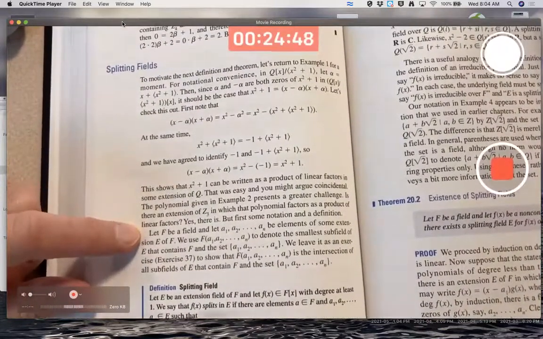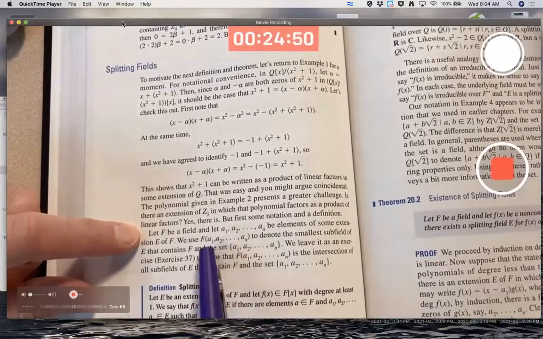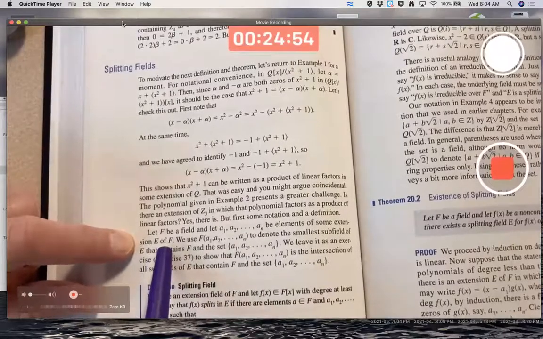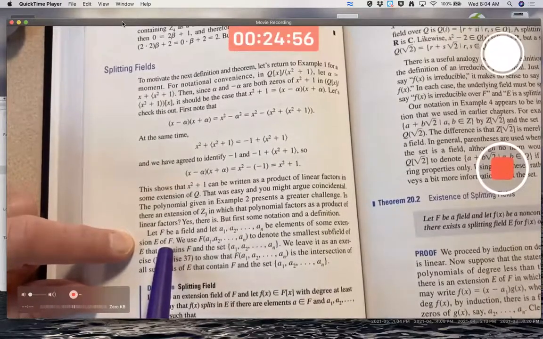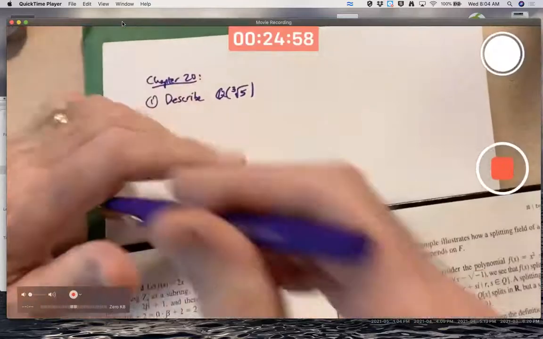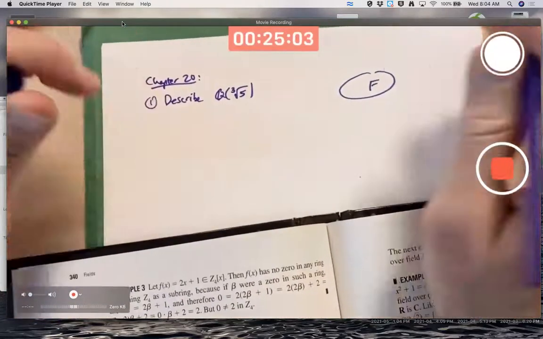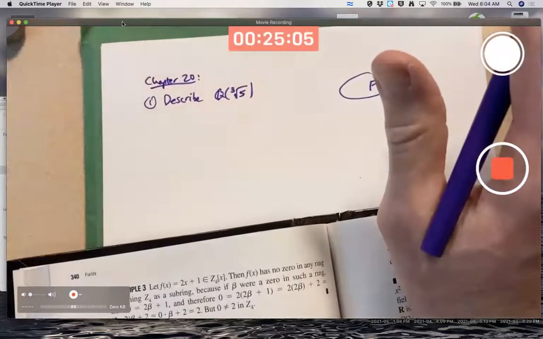Let F be a field. Let A1 through AN be elements of some extension field E of F. You start picturing it. These pictures are only a little bit helpful.